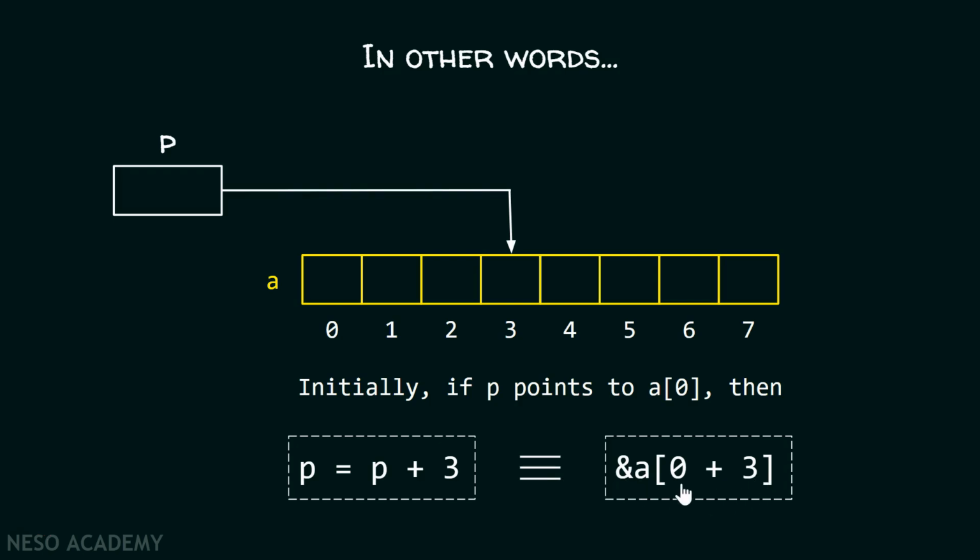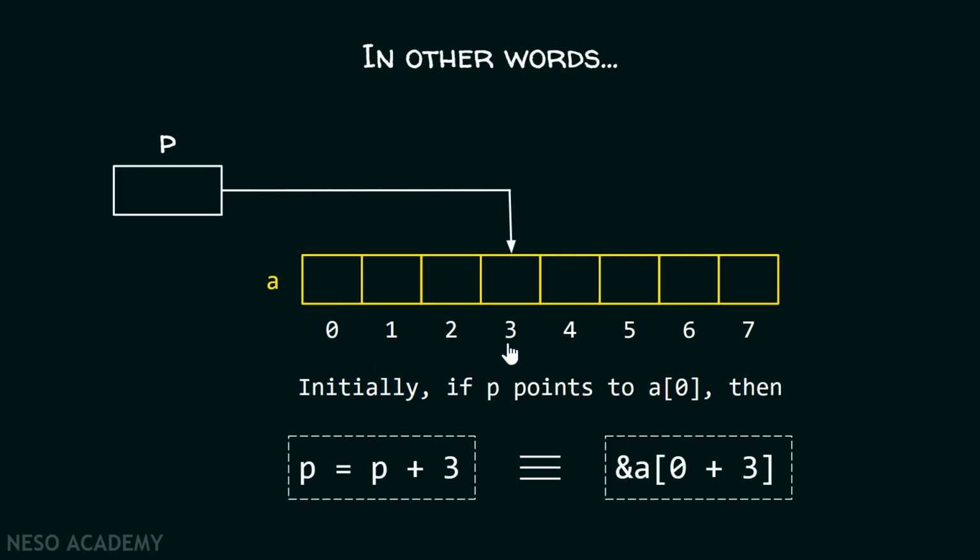Remember, this 0 is the index i and this 3 is the integer j which you are adding to the pointer P. What you basically have to do is simply add this integer 3 to the index where the pointer P initially points to. Here in our example, P points to the first element of the array, that is, it is at index 0. Just add 3 to it.